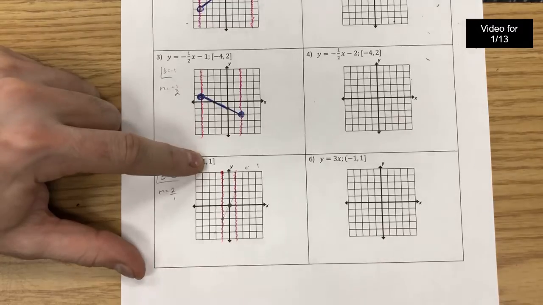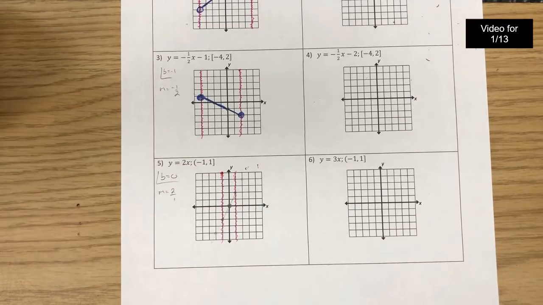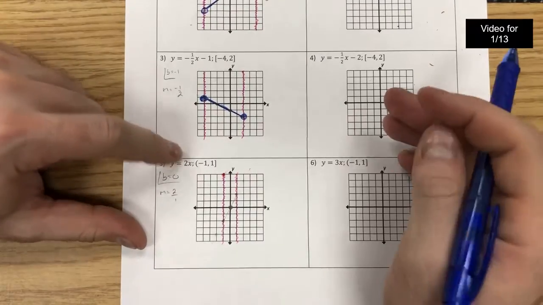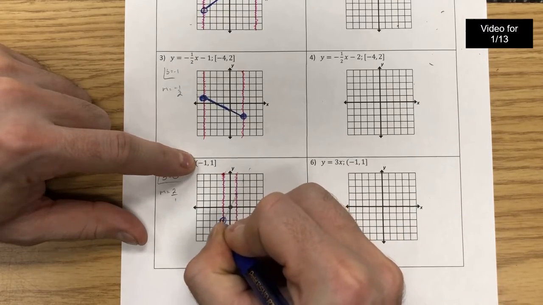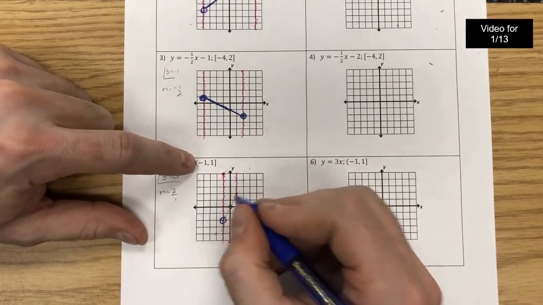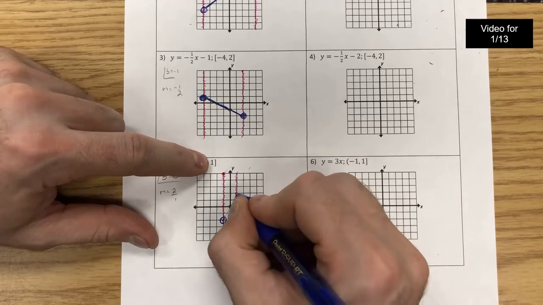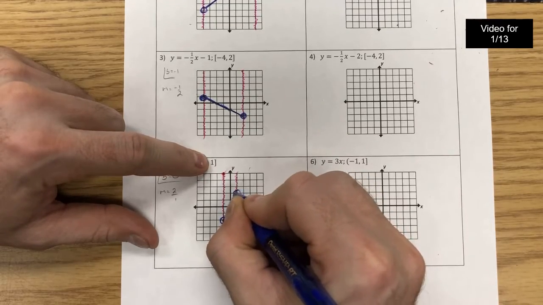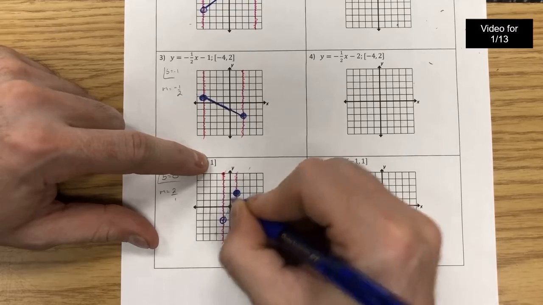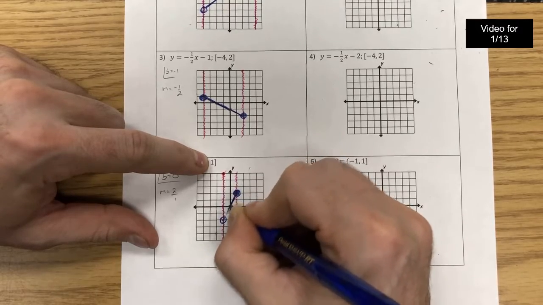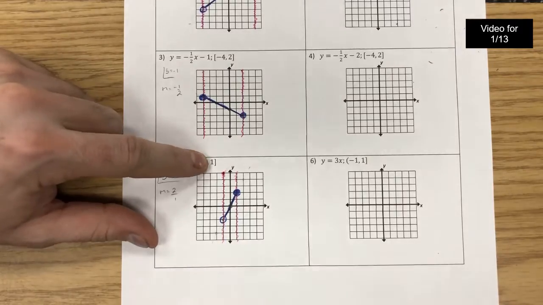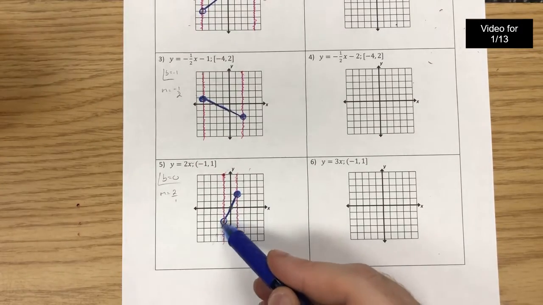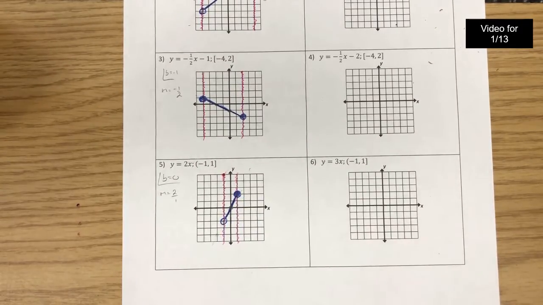I'm only concerned with that little piece right in the middle. And then unlike the prior ones, this left boundary is going to be open because I have a parenthesis, which means it's not included. However, the right one is. So I'm going to shade in the right one, which means that if I were to graph this, all I would really graph would be that little blue piece right there, open to closed.